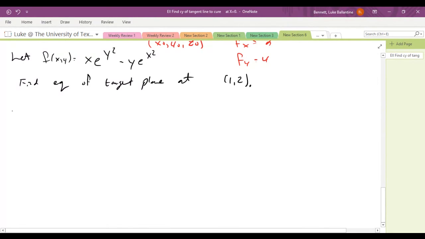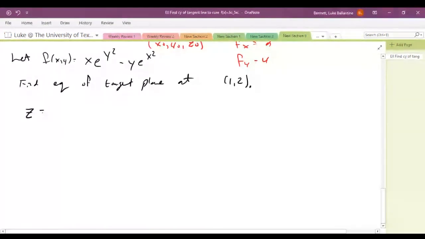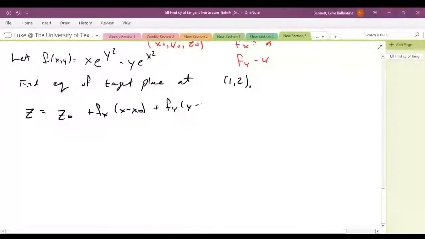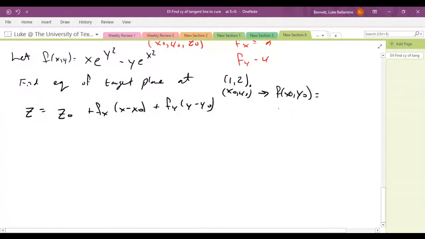Well, okay, so what do we need? We need z equals z naught plus f sub x times x minus x naught, plus f sub y times y minus y naught. We have x naught, y naught. We can go ahead and calculate z naught, or f of x, y.